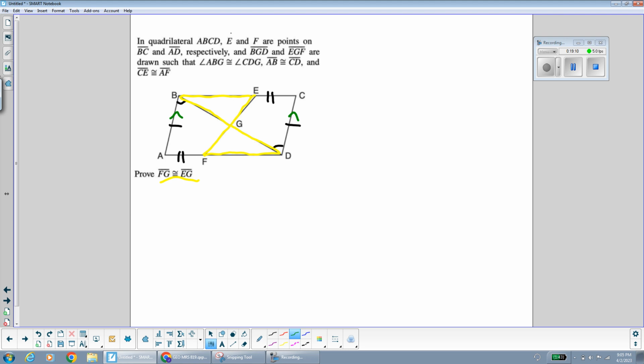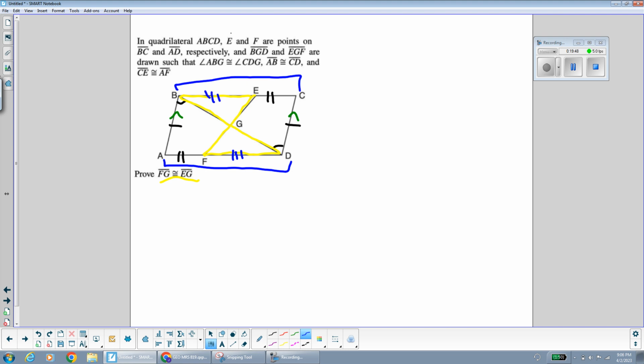Now that I know ABCD is a parallelogram, I know that all of my parallelogram properties apply. So I know that opposite sides are congruent to each other. And if I know that BC is congruent to AD, if I'm starting with congruent segments, and I know that AF and EC are congruent from the givens, I can start with congruent and subtract congruent to be left over with congruent.